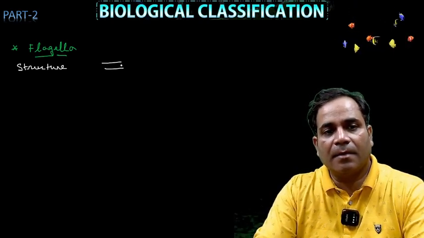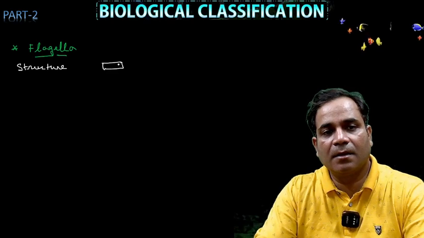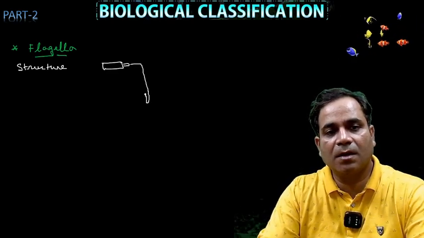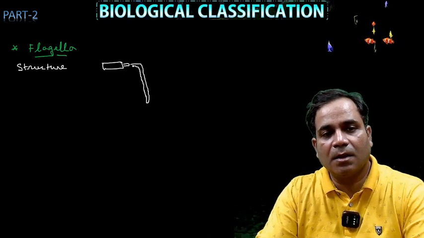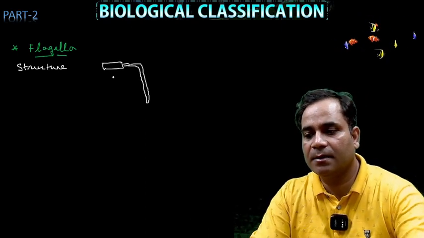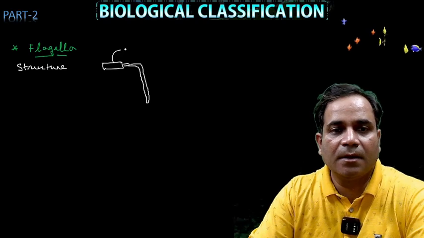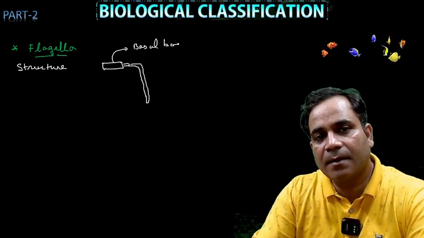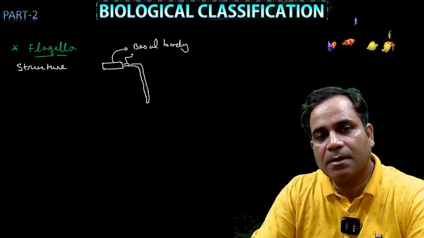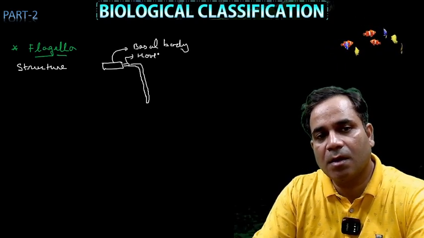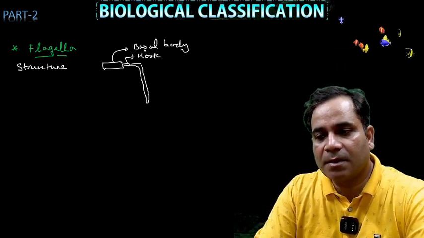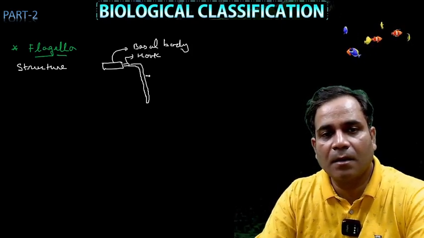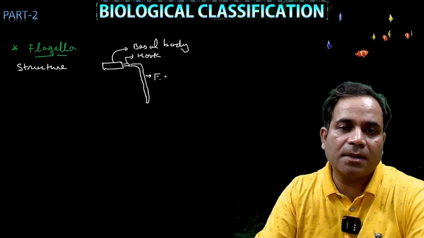Here the basal body. Inside the basal body, this is the hook, and this one is the flagella. Clear? So see, this one is the basal body. This one is the hook, and this one is the flagella.